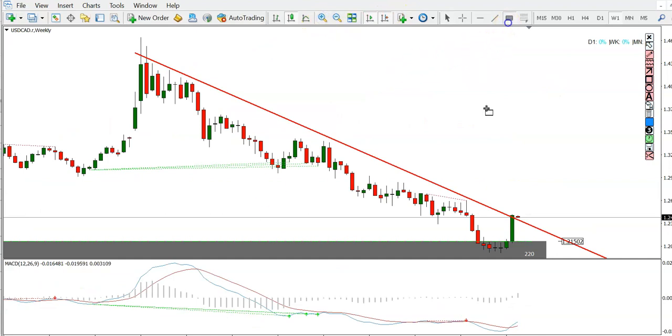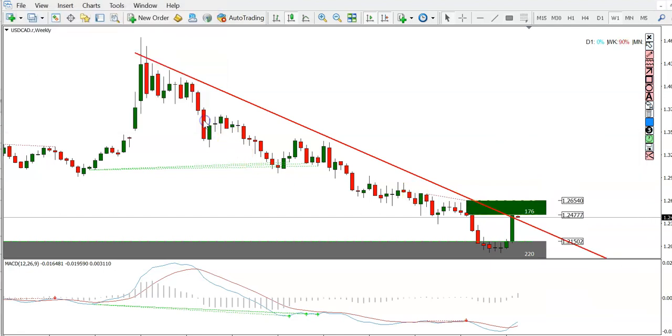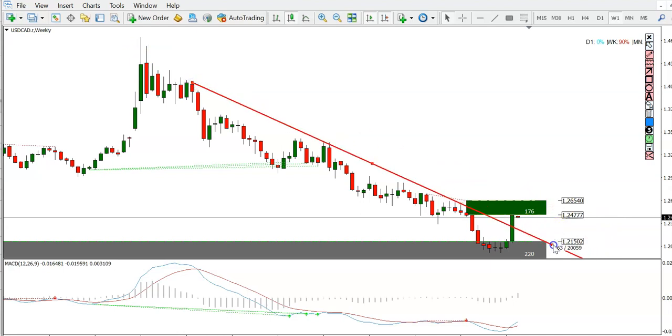Because this was the last zone that caused the last low in this downtrend. I haven't drawn those lines precisely, but that's more or less it. You can see it's broken out of this trend line.